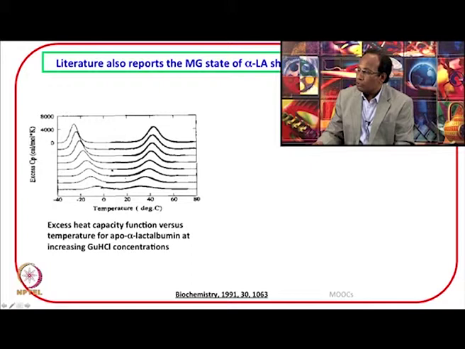This is cold denaturation, so let us not focus on this at present. Let us focus on heat denaturation. What they observed is that when you increase the concentration of guanidinium hydrochloride, the calorimetric enthalpy decreases as well as the transition temperature decreases.